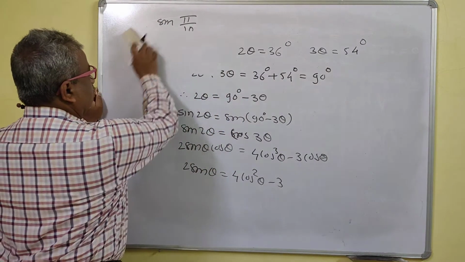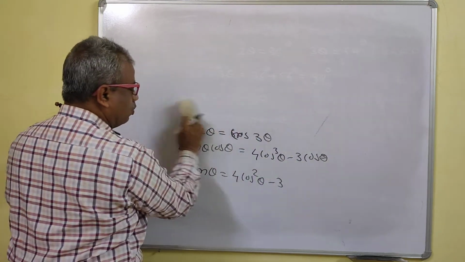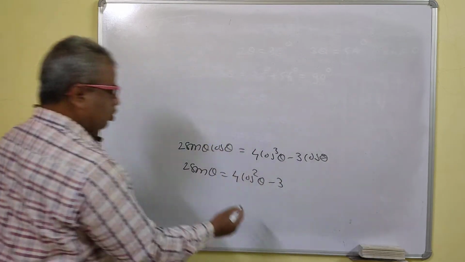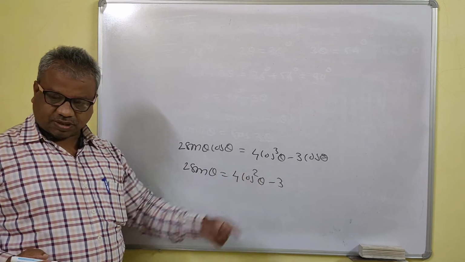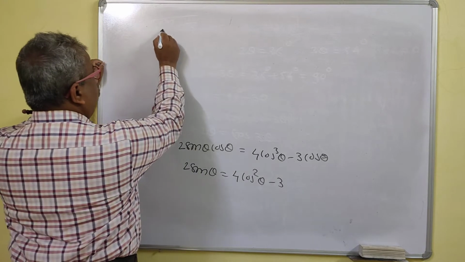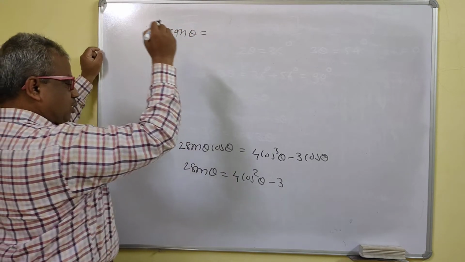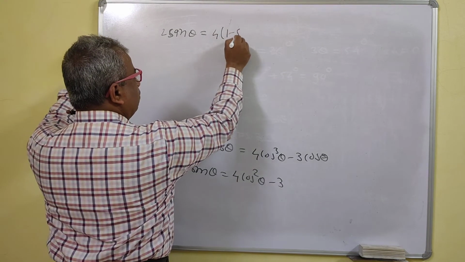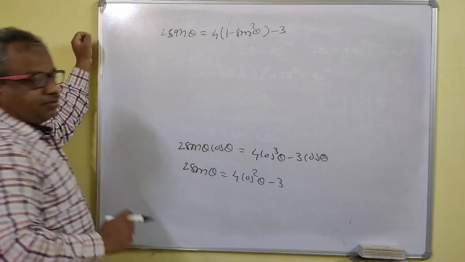Now, we want sine, so we'll convert this cos in terms of sine. So 2 sin theta is equal to 4 into 1 minus sin square theta, minus 3.